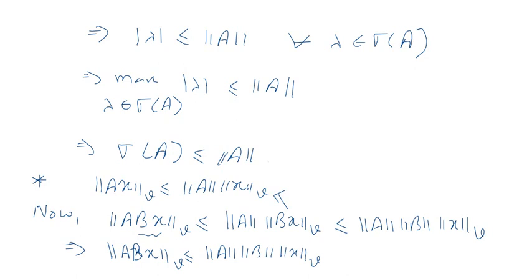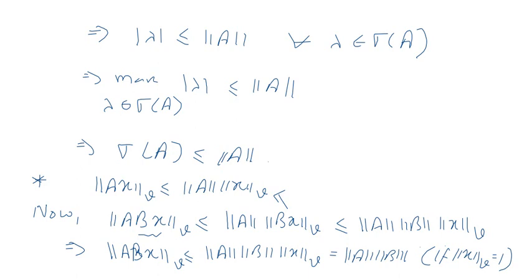So this is equal to the norm of A into the norm of B, if the norm of x is equal to 1. Now look here: the norm of ABx is less than or equal to the norm of A into the norm of B for every x non-zero with norm of x equal to 1.